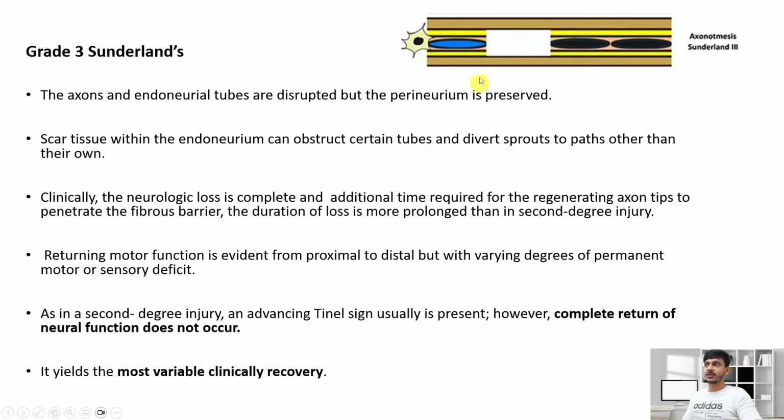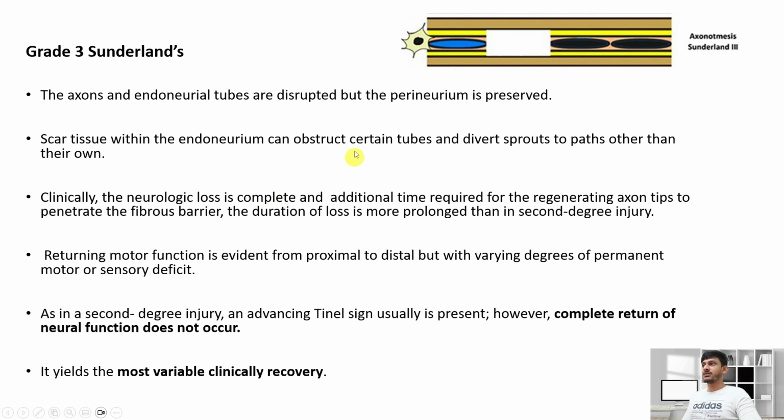Grade 3 neurotmesis is when the axon is disrupted and the yellow structure you see, the endoneurium, is also disrupted. The endoneurium does heal, but sometimes the scar tissue within the endoneurium can obstruct the tubes, and the axonal sprouts' path to the distal stump is not so direct.